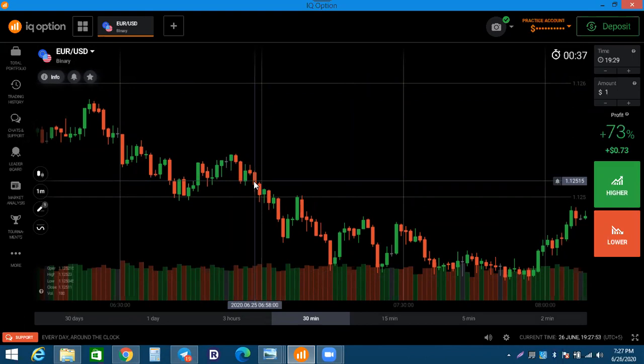Green candles are the buyers' candles, red candles are the sellers' candles. You know that, you are an experienced trader. When the green candles come, the trend rises, it means price rising from one level to another level. And when the red candles appear, it shows that the market is falling down.